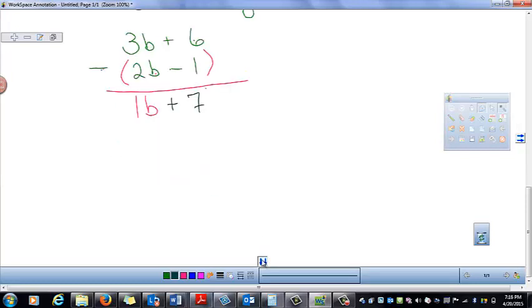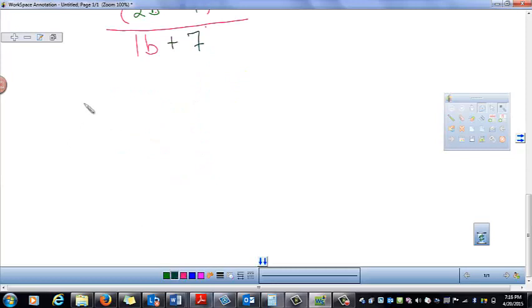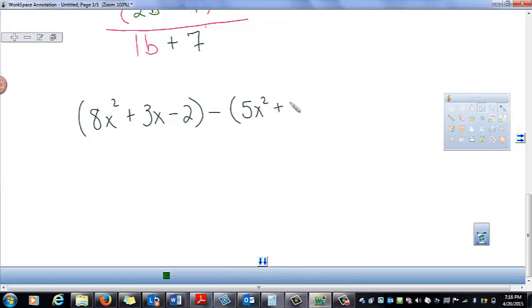It's a little bit different when they're written like this, like 8x squared plus 3x minus 2 minus 5x squared plus, let's say, 2x plus 1. What I do is I rewrite it.